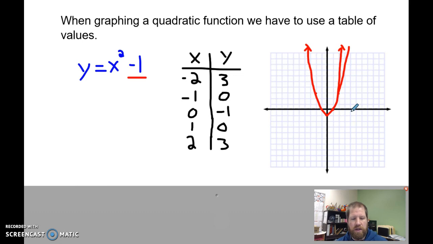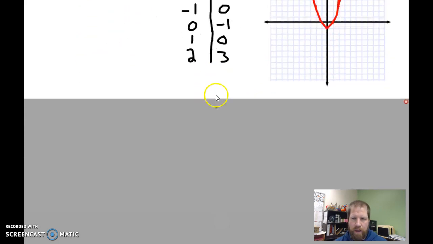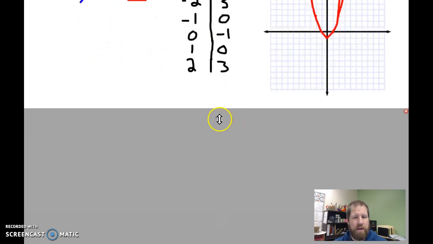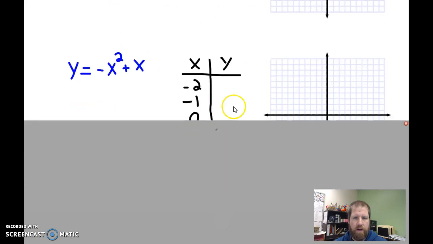It's not super important that these lines are accurate going up, but just showing that yes, this is a parabola, it is going to go on forever. If we were trying to find an actual value up here, we would just plot that point.